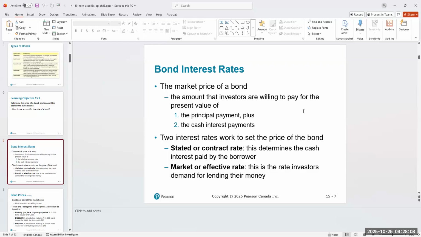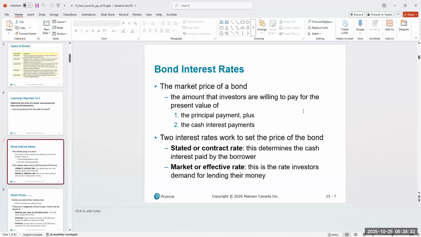Now, the two interest rates that we have to check when we are dealing with the bonds. One is the stated or the contract rate. Again, those terms can be used interchangeably. So you have to know what the stated or contract rate is. The stated and the contract rate are the same.